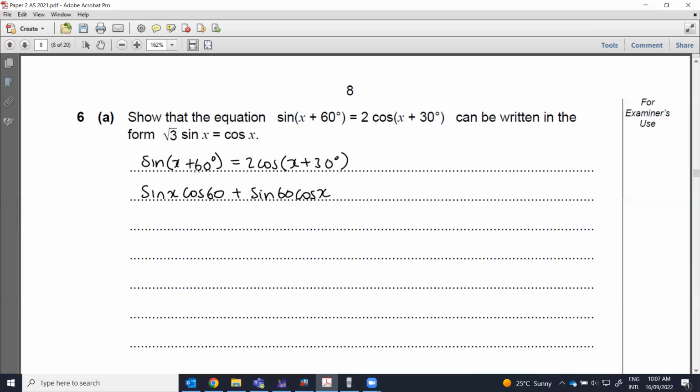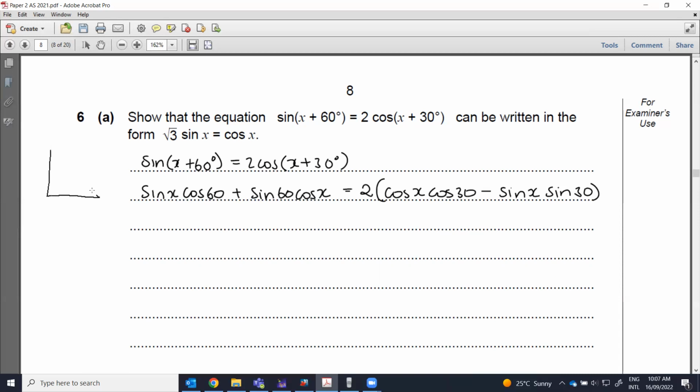That is how to break this one up. And then on the right, the 2 will be outside. I'm going to open brackets, and it's cos of x times cos of 30 plus minus sine of x times sine of 30. Now, 60 and 30, these are special angles.